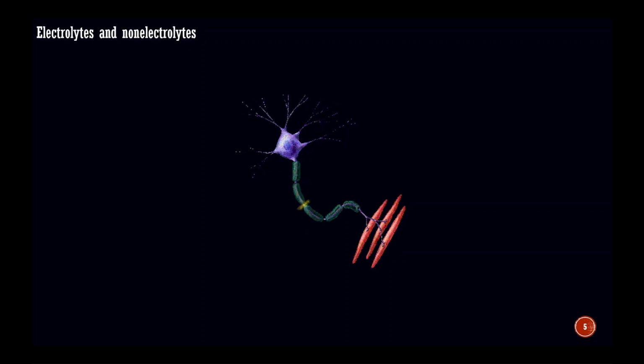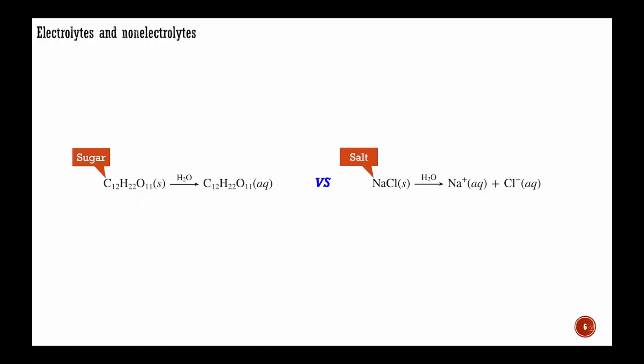The difference between an aqueous solution that conducts electricity and one that does not lies in the presence or absence of ions. For example, consider solutions of sugar and salt. The processes of sucrose dissolving in water and sodium chloride dissolving in water can be represented by the following chemical equations.